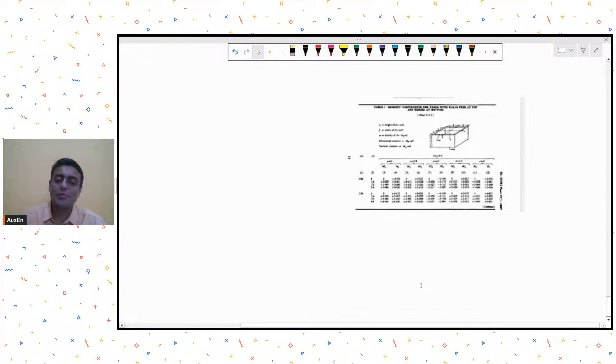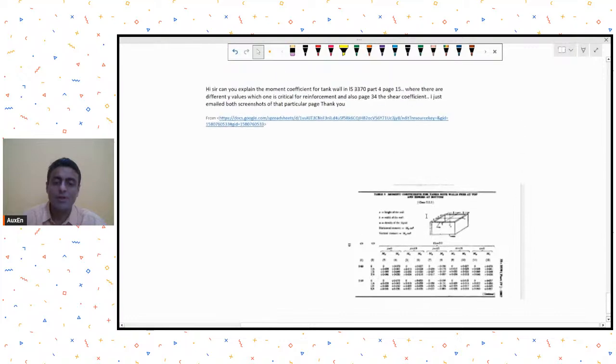And the moment coefficient figure that you shared was from the 1967 code. So it has long been superseded by the 2009 code and now by the 2021 code. So even if you want to use moment coefficients, you should not be using the 1967 version. You can now use the 2021 version for moment coefficients.